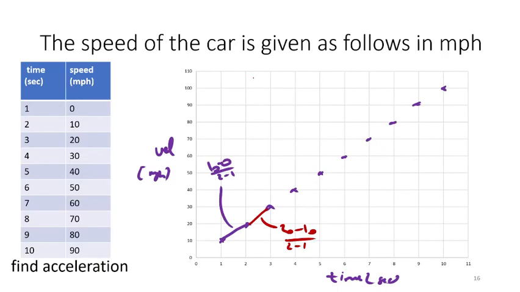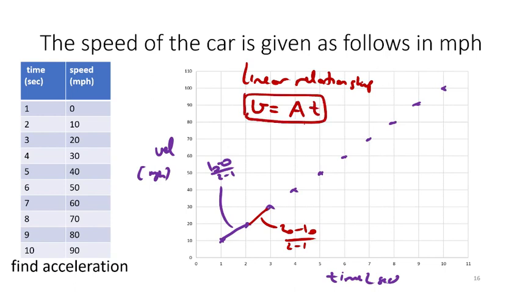This one is, you can see, a linear relationship. Linear relationship means that we can say that velocity is equal to a times t. And if you look for exactly what a is, it is 10. So velocity is 10t.